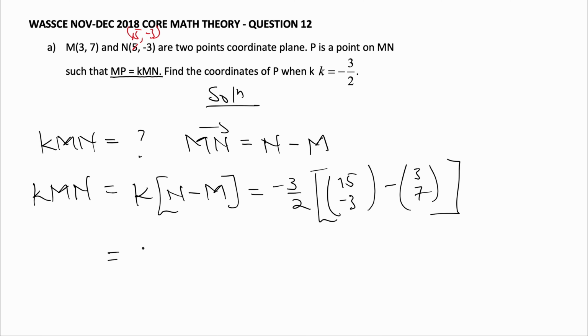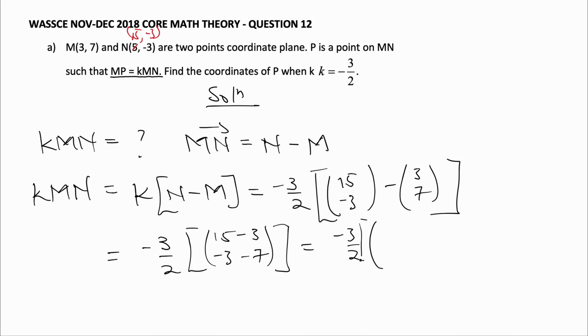So this will give us -3/2 times (15 - 3, -3 - 7). 15 minus 3 will give us 12, and -3 minus 7 will give us -10.